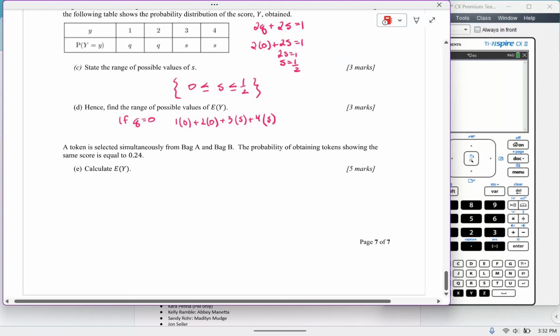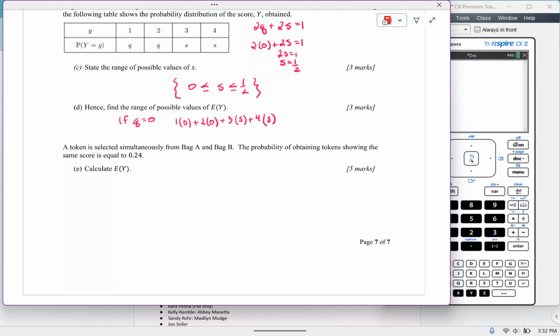We're trying to find the maximum possible expected value and the minimum possible expected value. If the two highest score tokens are the only ones being included, do you think this is going to be the max? Or when we have Q with a 1 and 2 would be the max? This is a min. This is the max because it's weighing the highest score of the token.